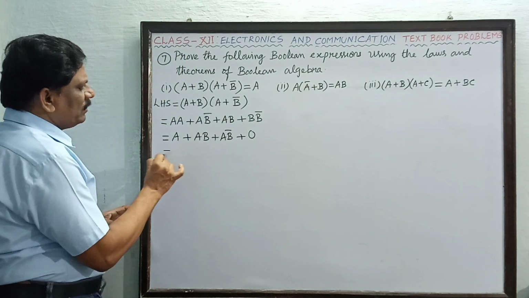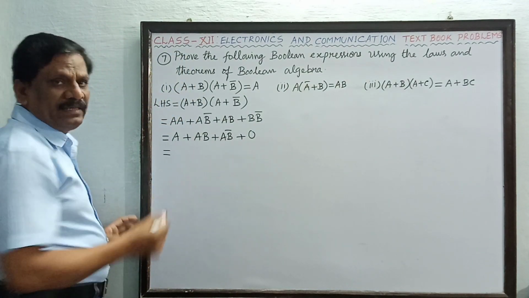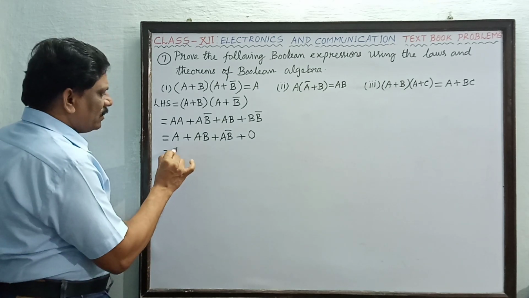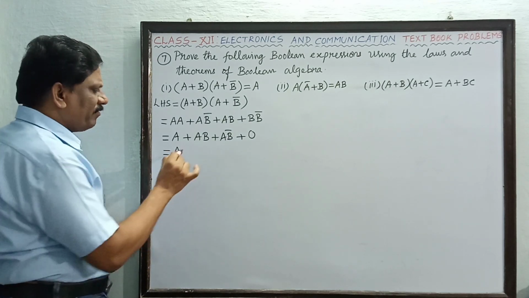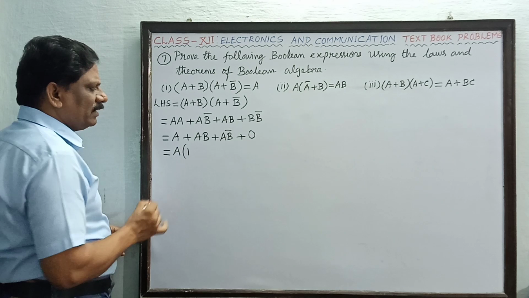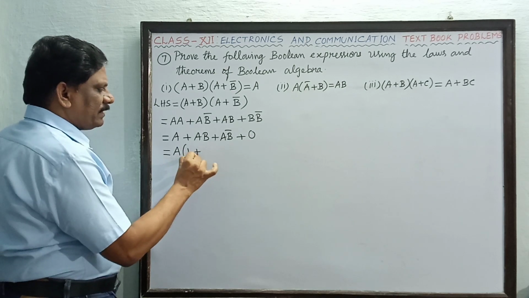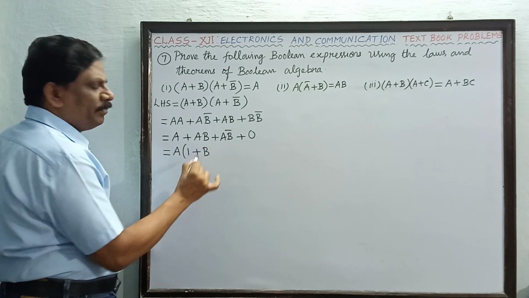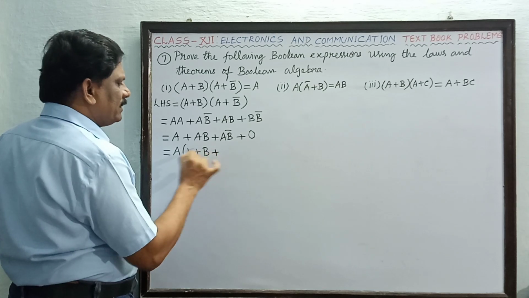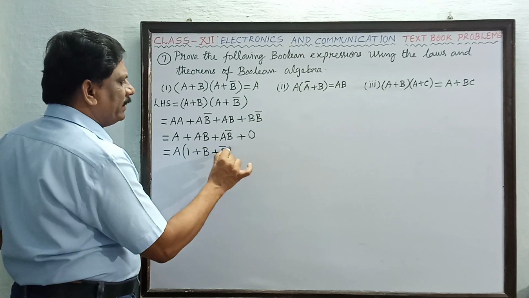Okay children, now you see a is the common factor, is it not? So I will write a as a common factor. So first term is a into 1 plus the second term is a into b and the third term is a into b complement.